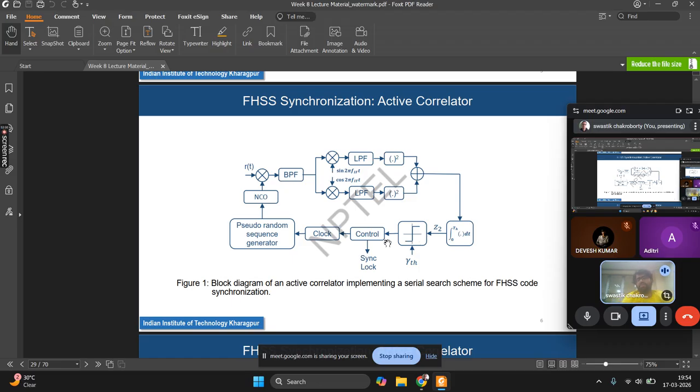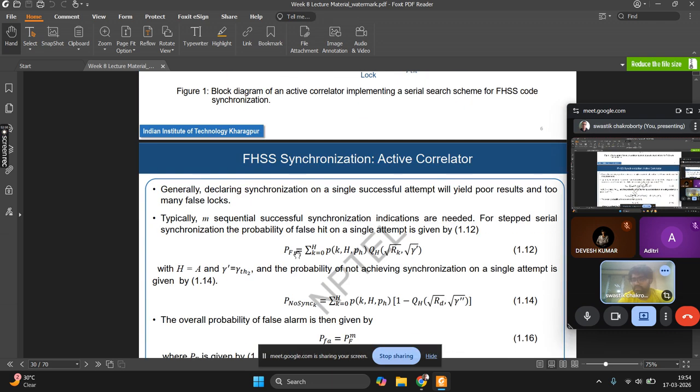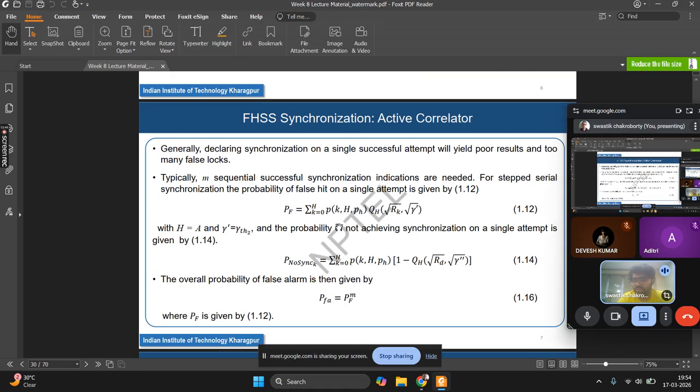When the threshold comparator gives a 1, it locks onto that code until further notice. That is the way of this active serial search synchronization.